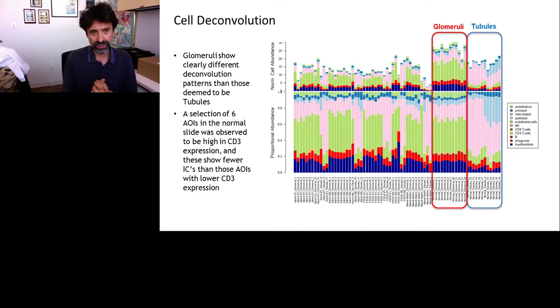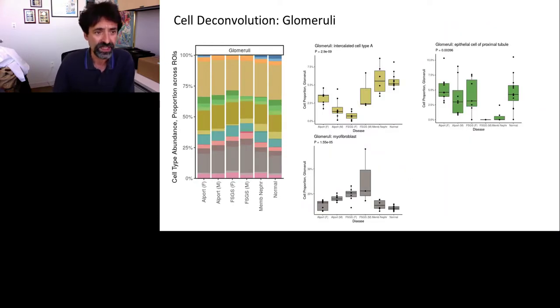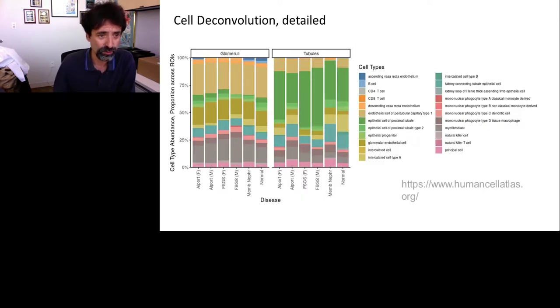So using this computational algorithm, we were able initially to define differences in the cell composition between glomeruli and tubules, which was expected, but was kind of our control that this algorithm was working just fine. And here, just by looking at the composition of the different cells in the glomeruli and tubules, we were able to identify, for example, in the glomeruli, some cell subsets that were not really expected to be part of the glomeruli, and similarly so in the tubules.